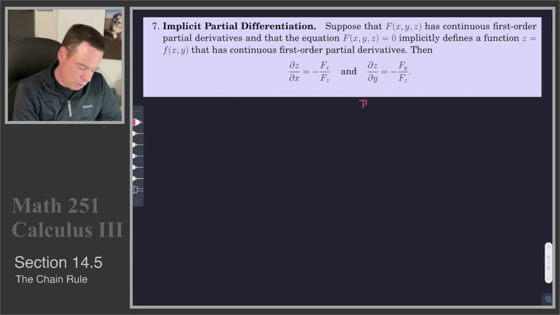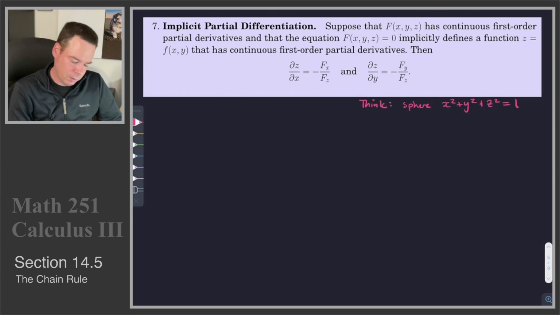So what I want you to do is think, as we're going through this in its general form, you can think of a particular example. Think of a sphere, which has an equation x squared plus y squared plus z squared is equal to 1.